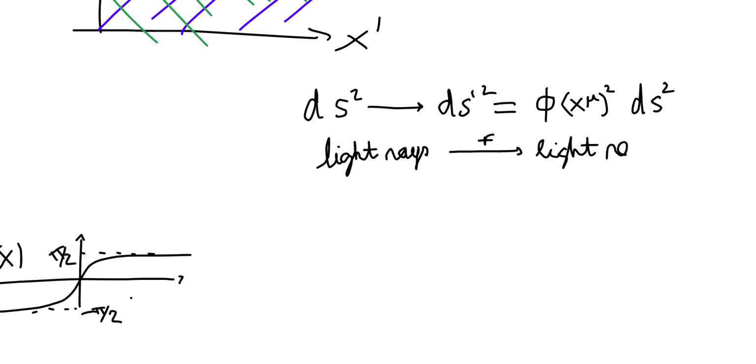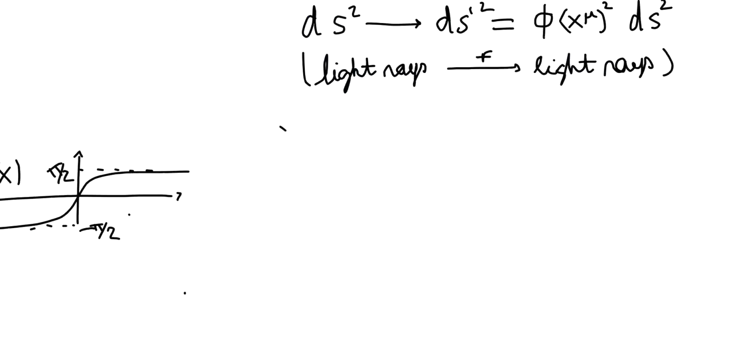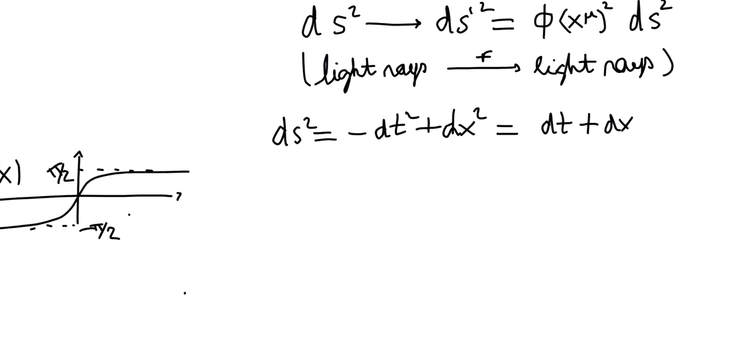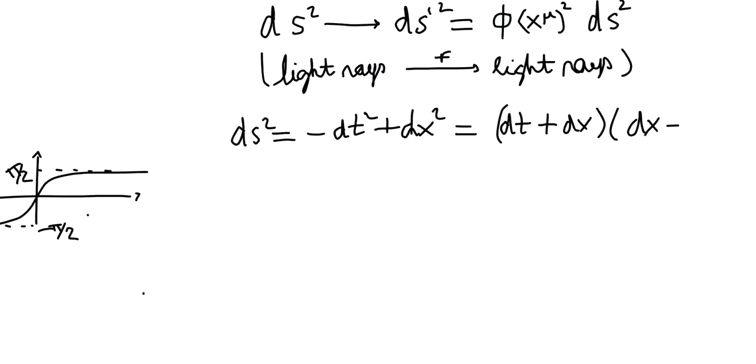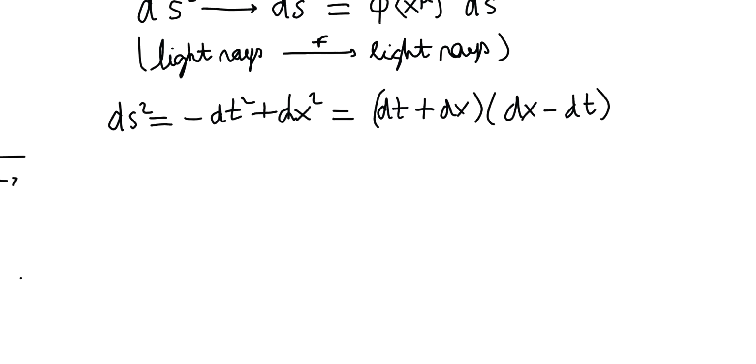So we know that ds square is equal to minus dt square plus dx square, which we can write as minus (dt plus dx)(dt minus dx), because we recognize the identity a square minus b square, or a plus b times a minus b, sorry.